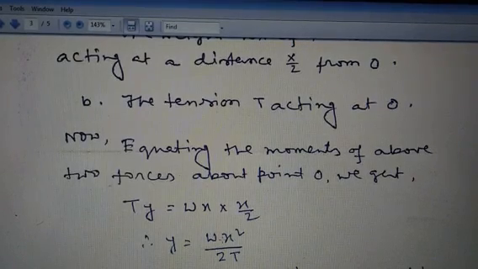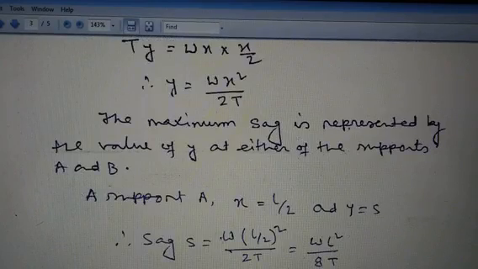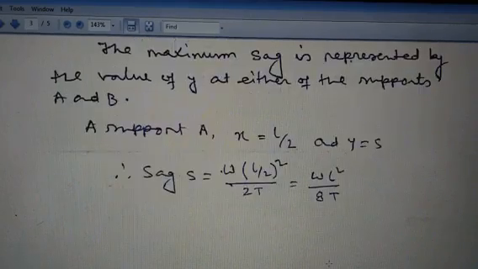The maximum sag is represented by the value of y at either support A or B. At support A, x equals L by 2 and y equals S. Therefore the sag S equals W into (L by 2) whole squared divided by 2T, that is equal to WL squared by 8T, and that is the basic formula of the sag.